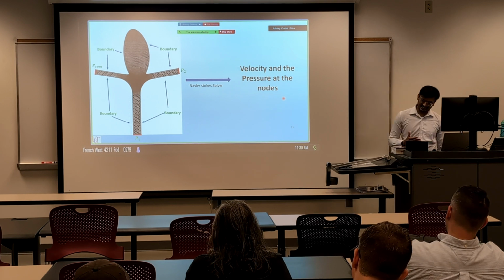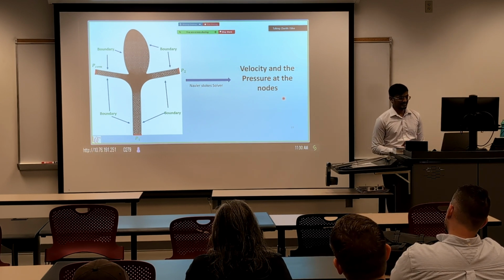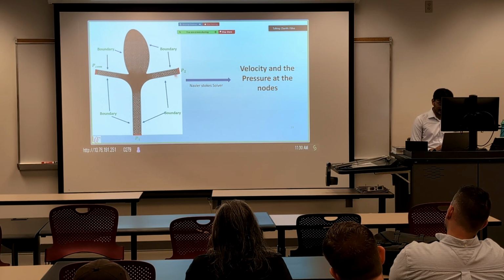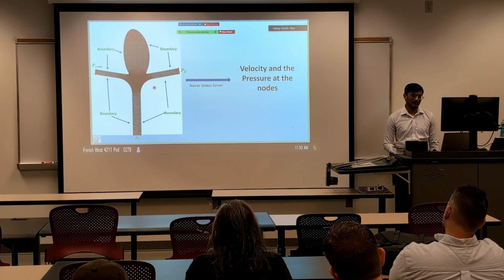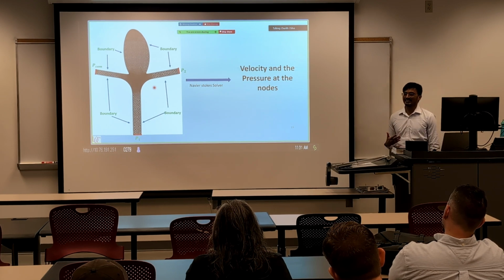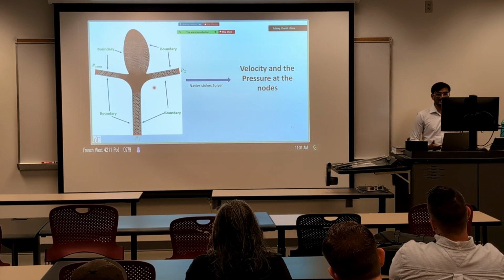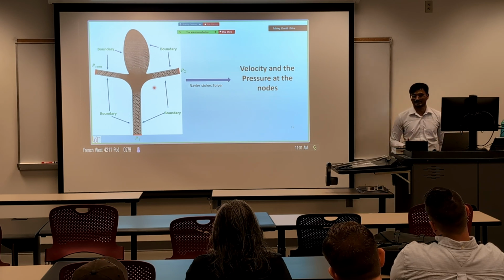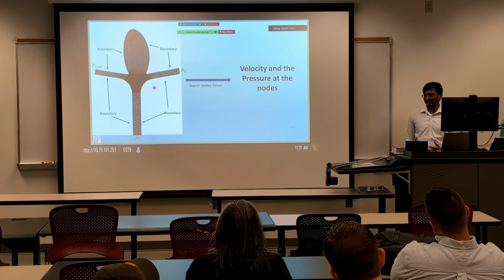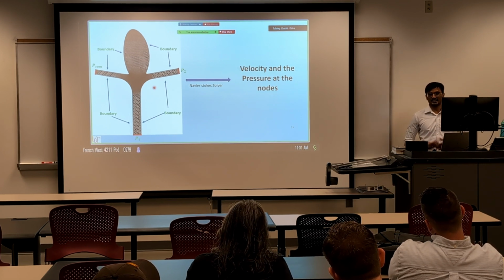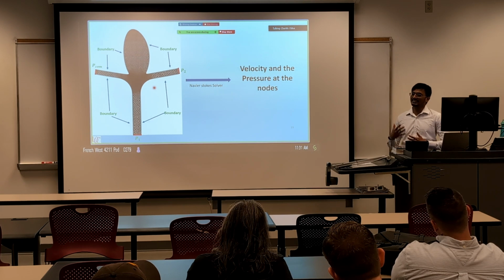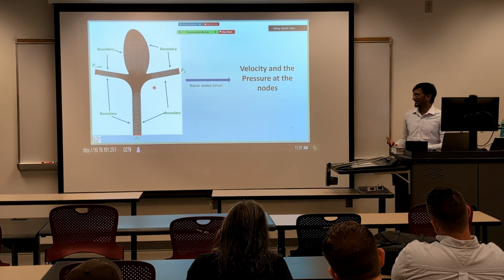In the model that I explained earlier, I mentioned that we have to specify pressure values on these inlets and outlets. But the pressure values across the bifurcation are not something we can easily find. In the literature, they don't usually have that information, but they have a lot of details about the flow rates. So we had to come up with a way to convert the data that we have into something that we want.